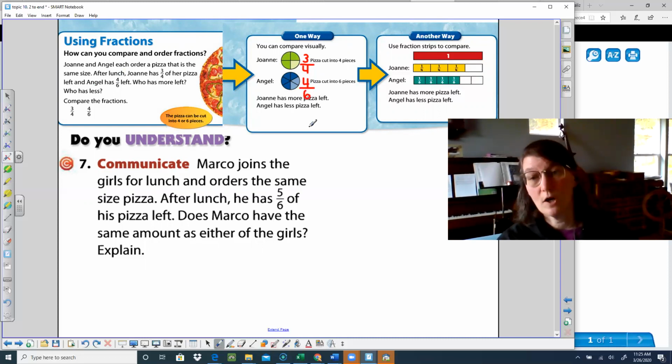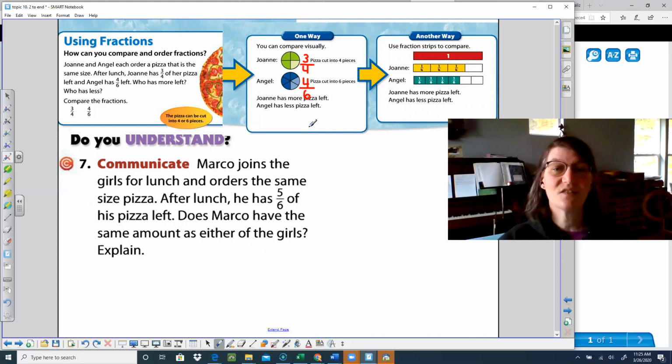So now they're going to throw Marco into the party. Marco joins the girls for lunch and orders the same size pizza. After lunch, he has 5/6 of his pizza left. Does Marco have the same amount as either of the girls? So I'm going to write Marco here.